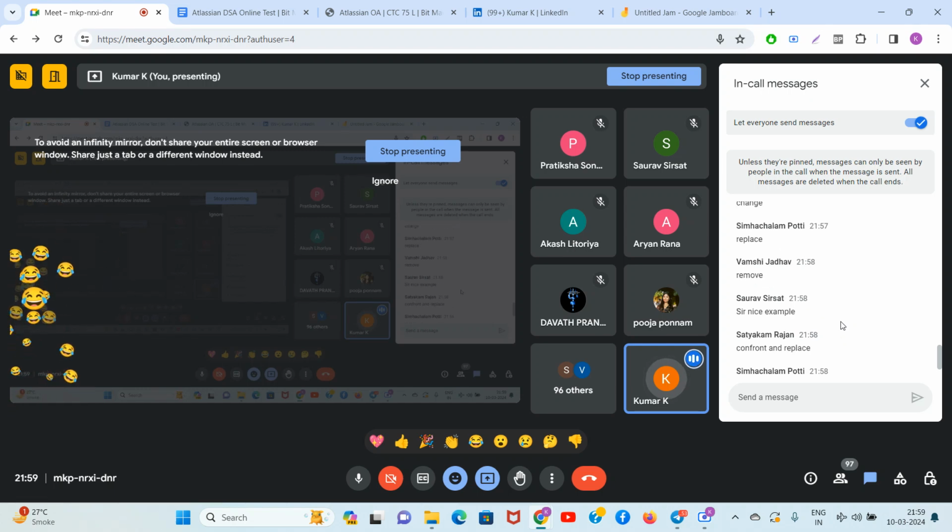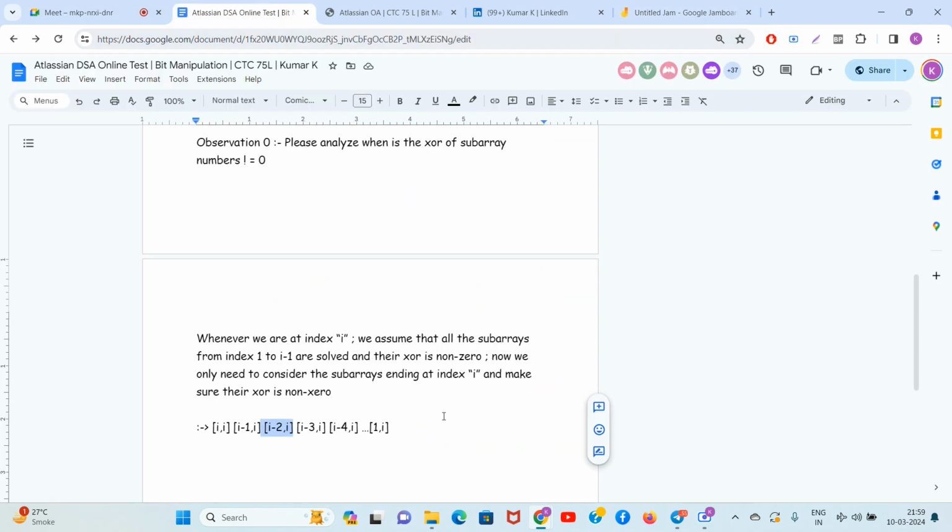Guys, can you please tell me why, once checking of all of these is done, if you find even a single one of them having XOR equal to 0, you replace it by a big number.